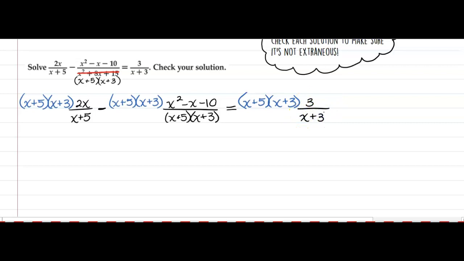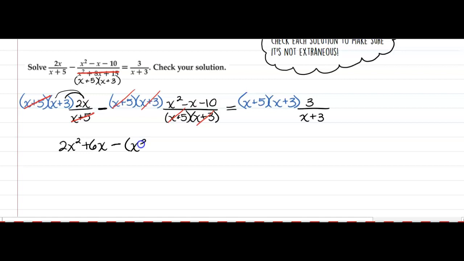All right, and the first rational expression that we have here, our first term, if you will, the x plus 5's cancel, and when I multiply what's left, 2x times x gives me 2x squared, 2x times 3 gives me 6x. In the next term, x plus 5's cancel, x plus 3's cancel. I simply have to subtract all of these terms.